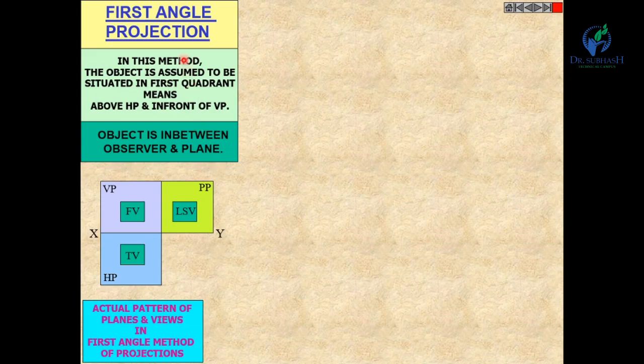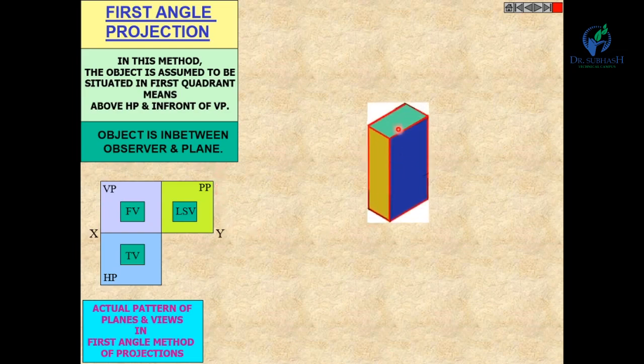Now the first angle projection method, as we discussed earlier. In this method, the object is assumed to be situated in the first quadrant, that means above HP and in front of VP. So in this case, the object is in between the observer and the plane.